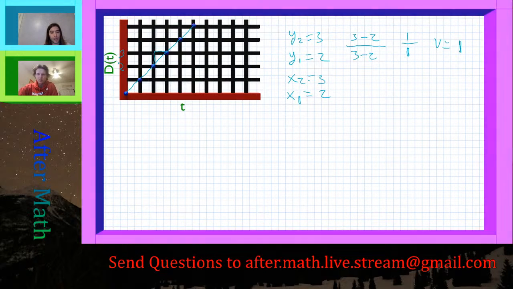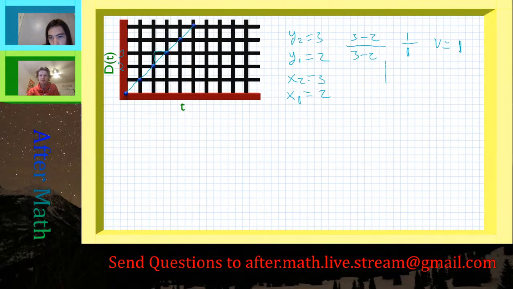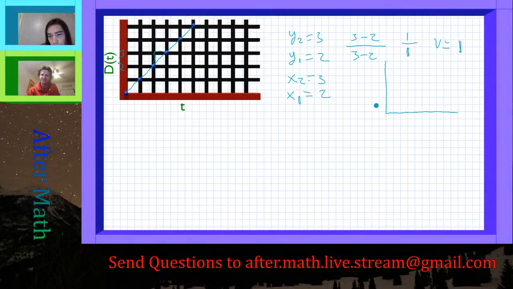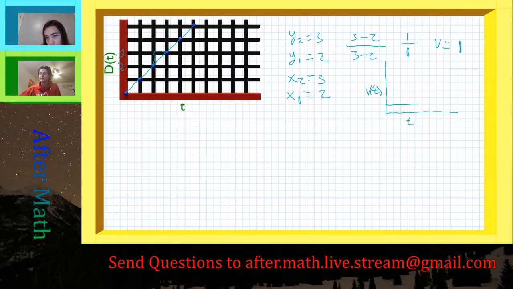Well, this is a straight line, so that means that it has a constant velocity because the slope is not changing, right? And so if we drew out a velocity graph now, and we make this v of t and this t, we would just get a flat line at 1, right?